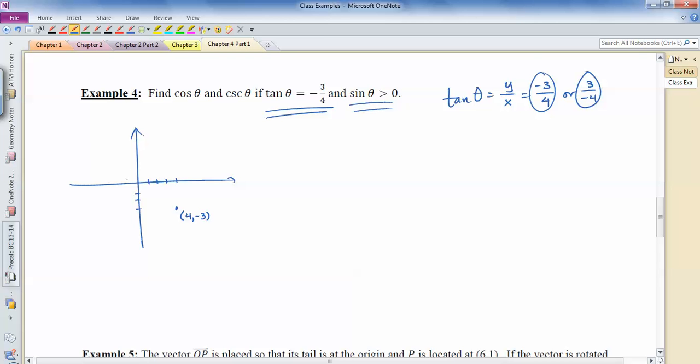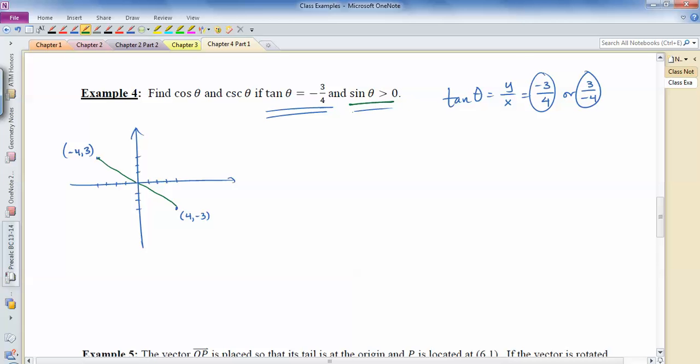So the x is -4, -1, 2, 3, 4. And the y is 1, 2, 3, right there. Whoops, a little bit higher. Right there. And so this coordinate is going to be -4, +3. So I get these mirror images of each other, right? They're reflected about the origin.